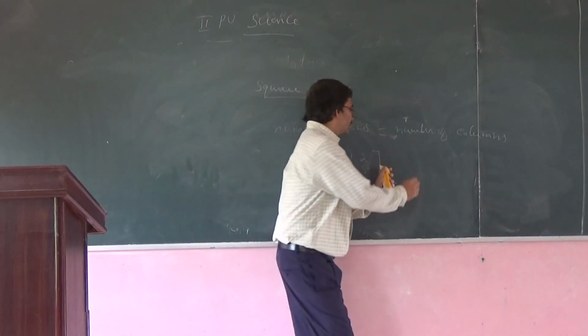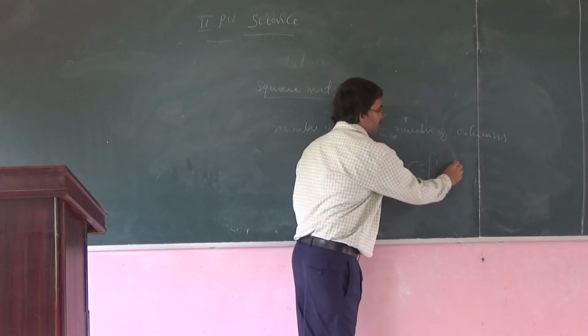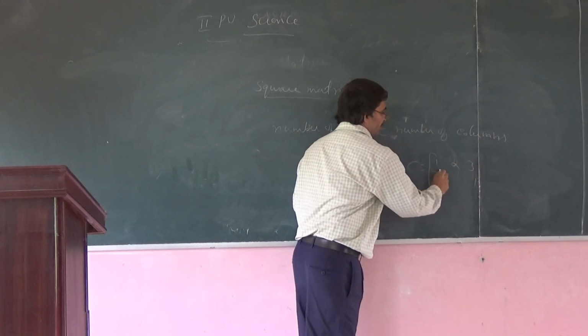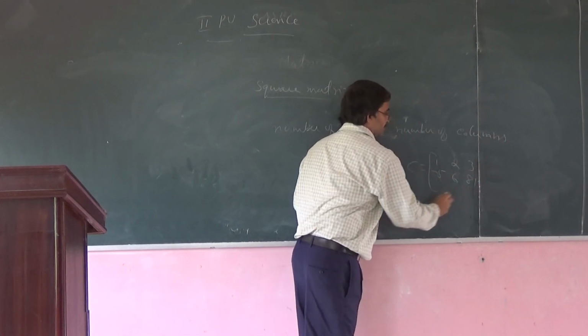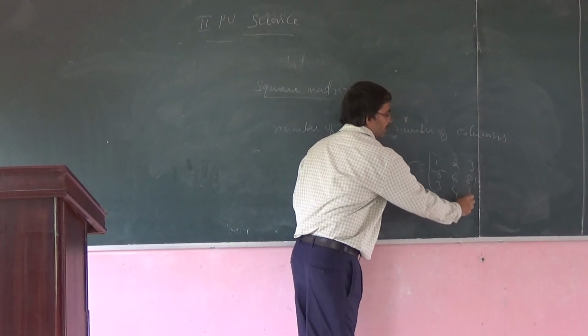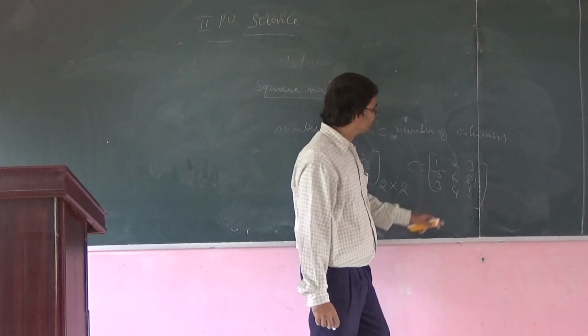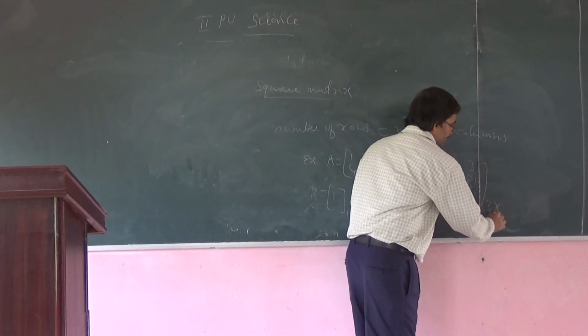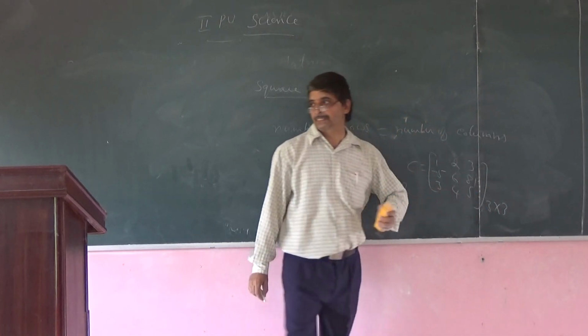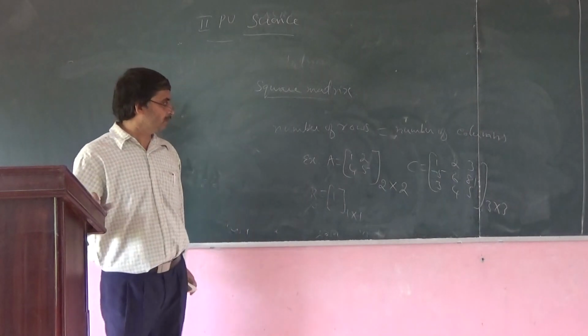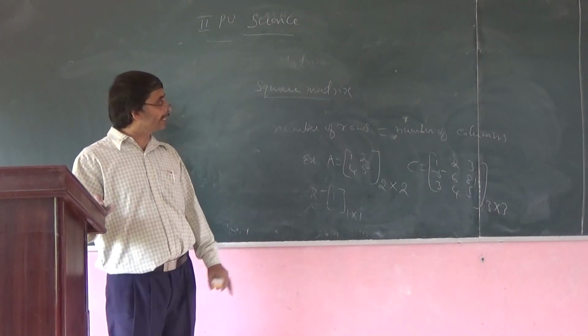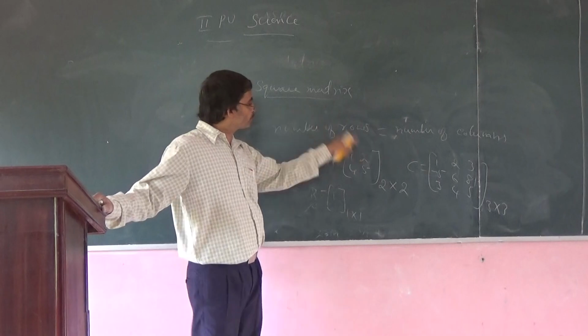One more example, C equal to 1, 2, 3, minus 5, 6, 8, 3, 4, 5. This is again a square matrix. These are the examples for square matrices.